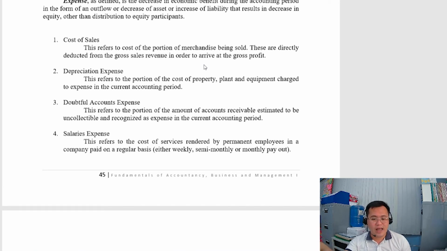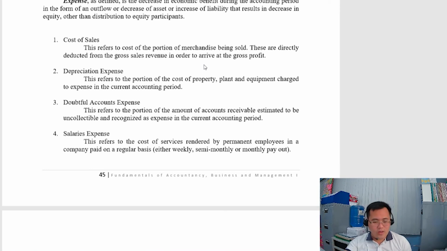Because this is recognized as expense in the current accounting period, as this certain sum of money has not been paid already. Your allowance for doubtful accounts is just a provision, an estimate of the uncollectibility of your accounts receivable. However, doubtful accounts expense is already the portion of your AR, or accounts receivable, estimated to be uncollectible and recognized as expense.